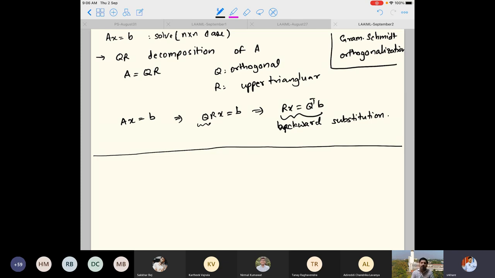Okay, so yesterday we understood the importance of QR decomposition and the help that we will get through this. There is another issue: multiplying by orthogonal matrices has a very nice property. It does not change the length of the vector, and it preserves the angles between the vectors.